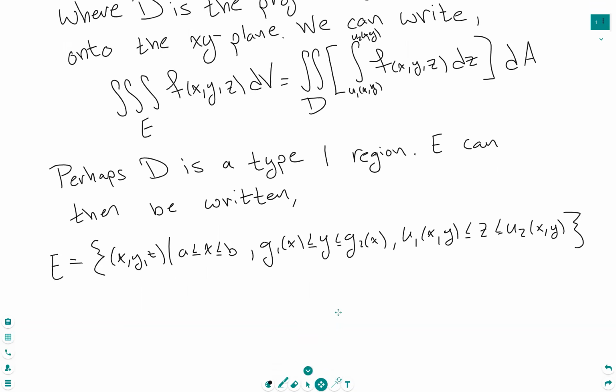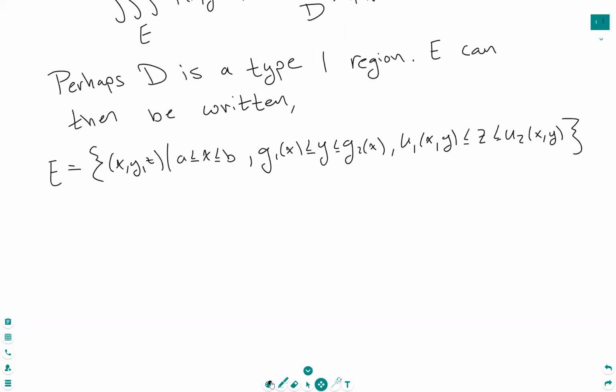So it was kind of arbitrary for us to say that we were projecting our object to the xy plane, and z is bounded by functions of x and y. It could have been a combination of this. So we could have just messed around with this a little bit.